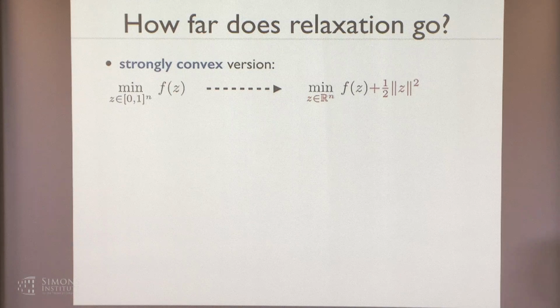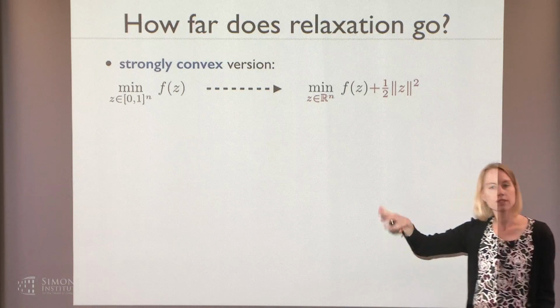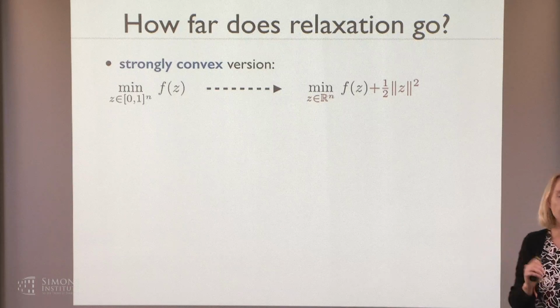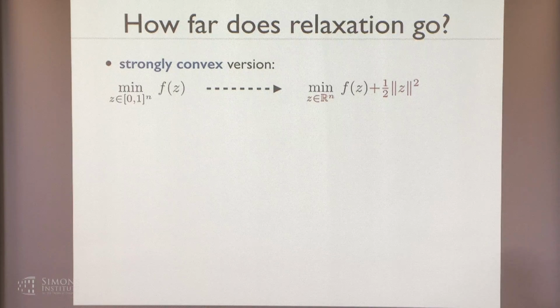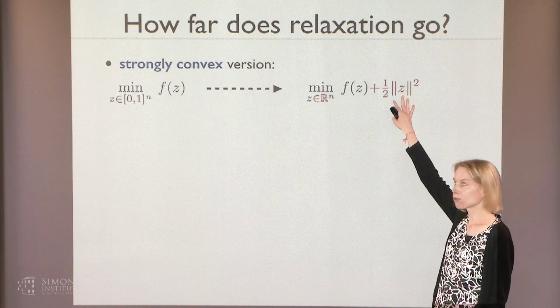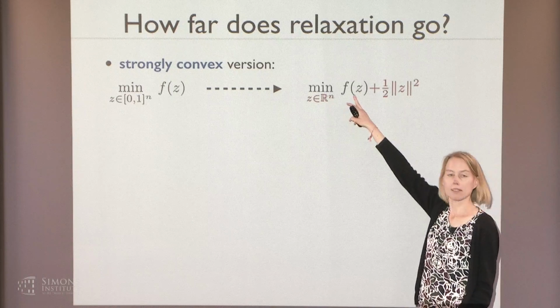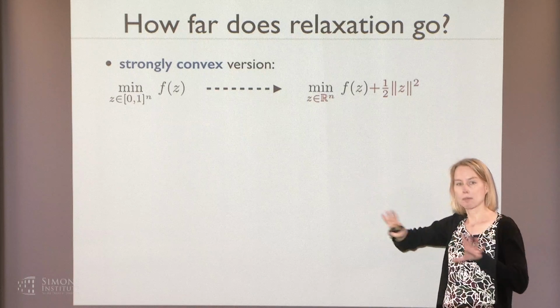So what I can do is, I can say this piecewise linear function doesn't have such good optimization properties. Maybe I want this to be strongly convex, so I'm adding a strongly convex separable function to it. I'm removing the constraints and I'm minimizing this. You can generalize this definition to more than the hypercube.